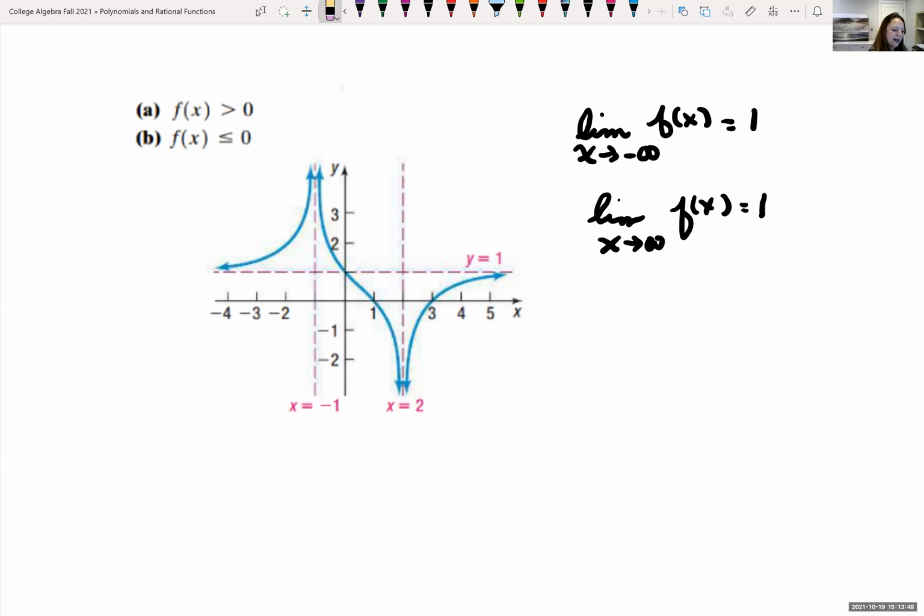But if you look at x equals -1 here, as we look at the limit, as x approaches -1, it could be approaching different positive or negative infinity, depending on the vertical asymptote.